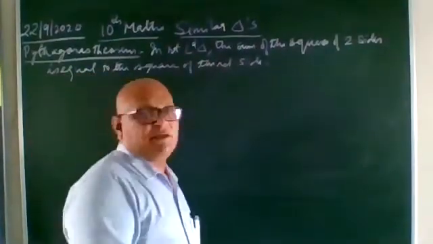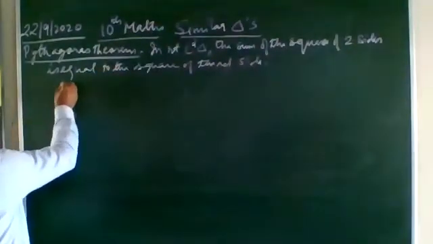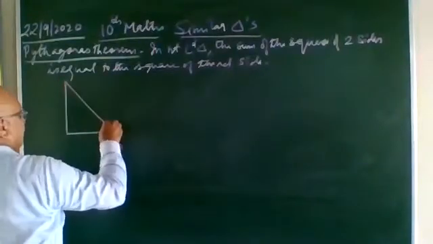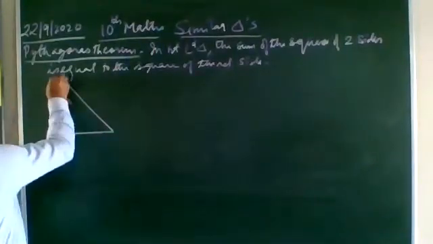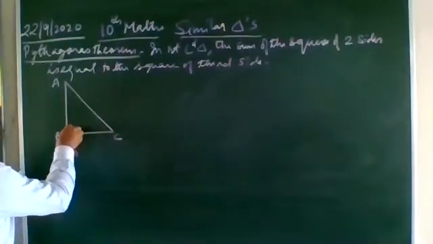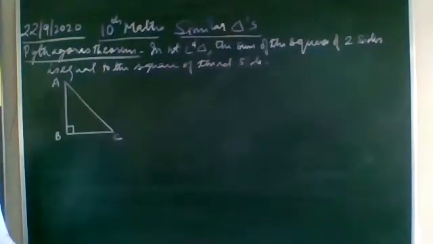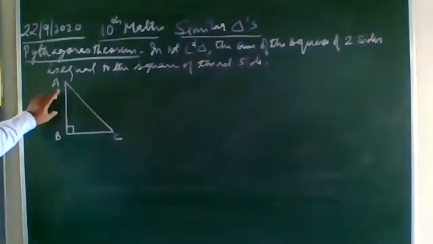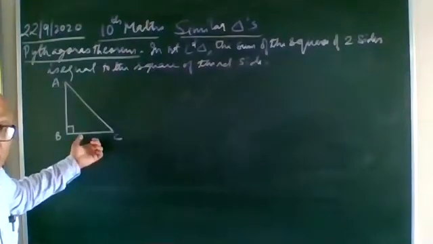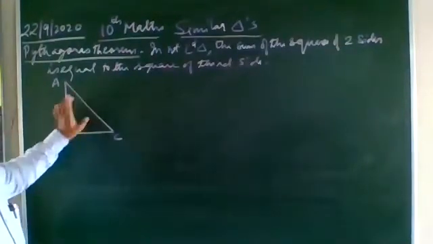You will make this figure. This is the right angle triangle A, B, C. This is 90 degree. In right angle triangle. Now what you have to prove? AB square plus BC square equal to AC square.